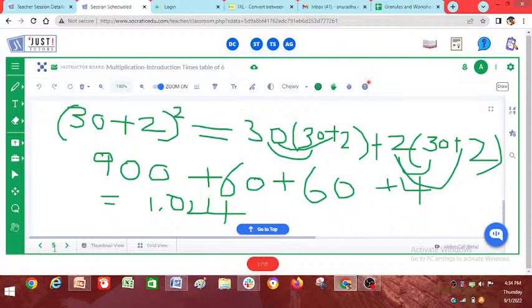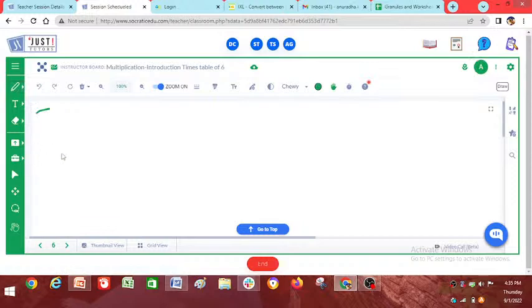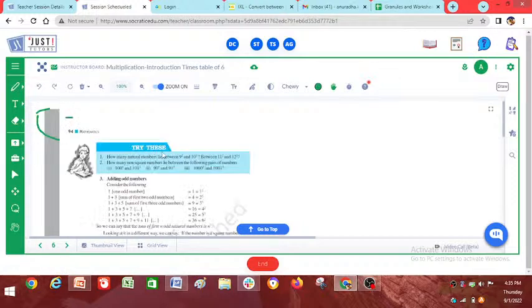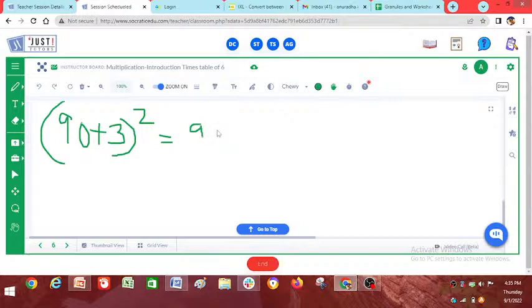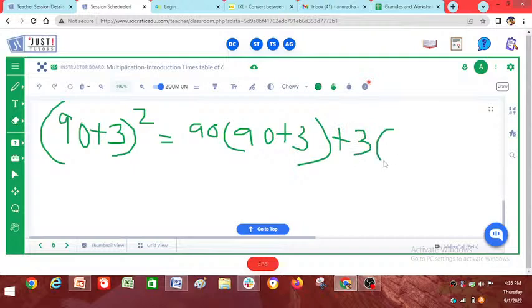So how can we write 93 now? 93 can be written as 90 plus 3, whole square, and this can be written as 90 times 90 plus 3 and plus 3 times what?